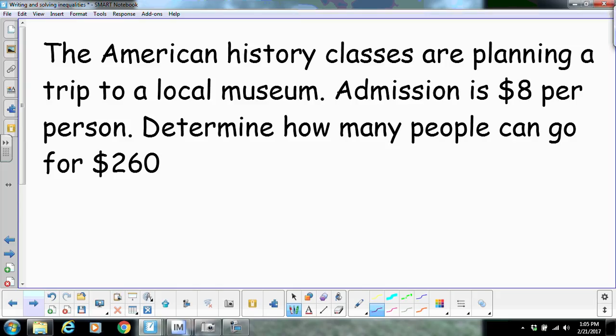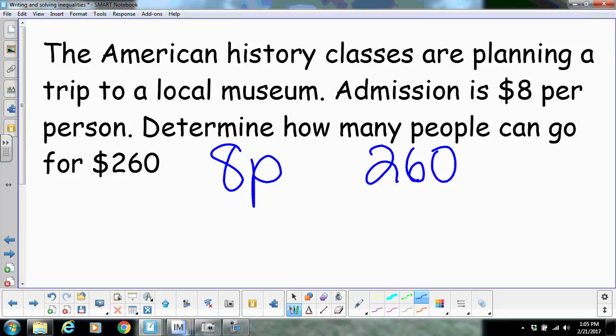All right, American history classes are planning a trip to a local museum. Admission is $8 per person. So $8 per person. Okay, and they have $260. So after we charge $8 per person, can that amount exceed $260? No, it can equal $260, or it needs to be less than $260.